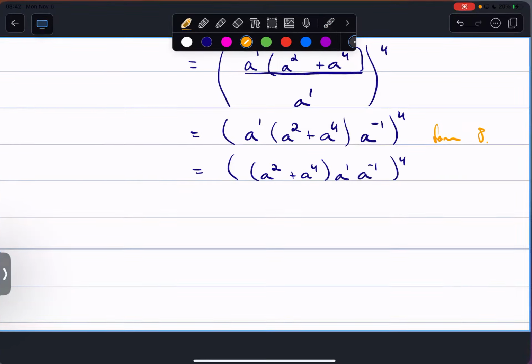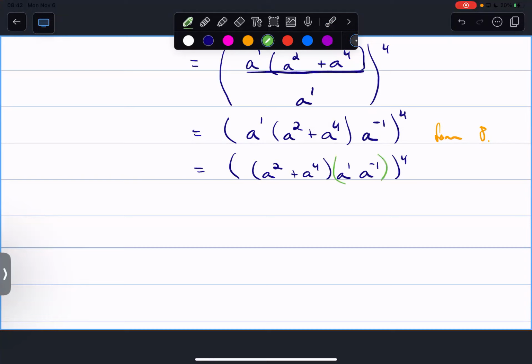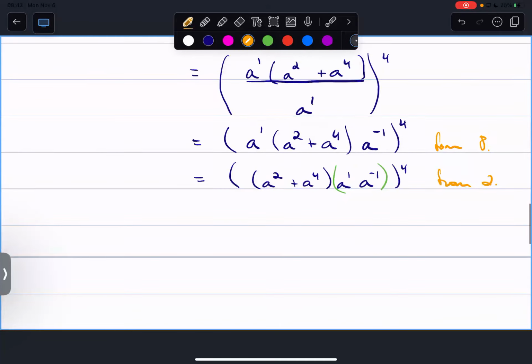And I'll throw some brackets around here just to emphasize that now I'm multiplying the same base, which means that I can zip this up as 1 power. And that's from 2 or 3 if you wanted to go there. I think it's 2.